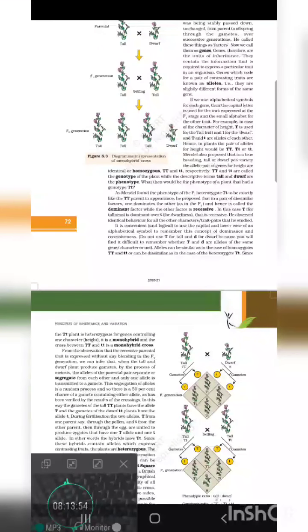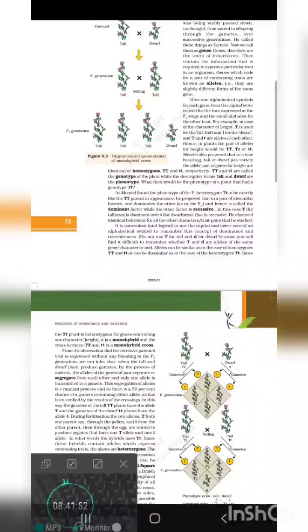As Mendel found, the phenotype of the F1 heterozygote capital T small t was exactly like the capital T capital T parent in appearance, so he proposed that in a pair of dissimilar factors, one dominates the other, and hence it is called the dominant factor while the other is the recessive factor. In this case, capital T is dominant over small t, which is recessive.